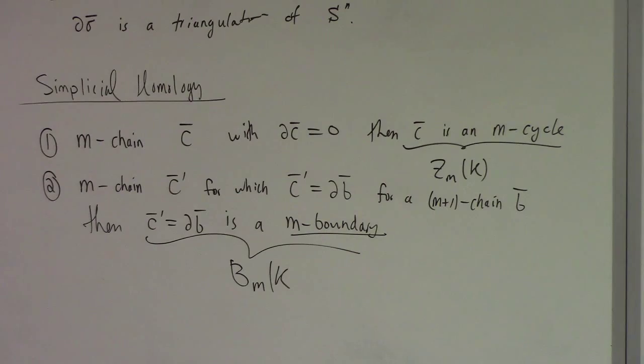You notice now the operator around which this whole theory is built, the boundary operator, goes the opposite way. You go from m minus 1 chains to m chains. So it's going the opposite way of D. That's why this is a homology theory, whereas the other one was a cohomology theory.